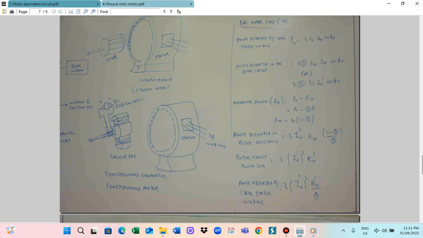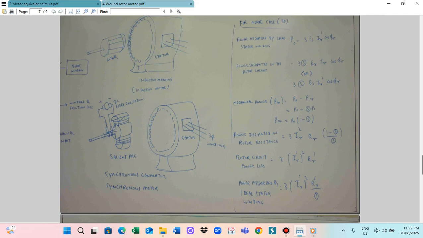Es is the stator voltage, Ir' is the rotor current referred to the stator, multiplied by cos phi r. The power dissipated in the rotor circuit is 3 s Er Ir cos phi r, where Er is the rotor voltage and Ir the rotor current. Or you can also calculate 3 s Es Ir' cos phi r, where Es is the stator voltage, Ir' is the stator-referred current, and cos phi r is the power factor of the rotor.